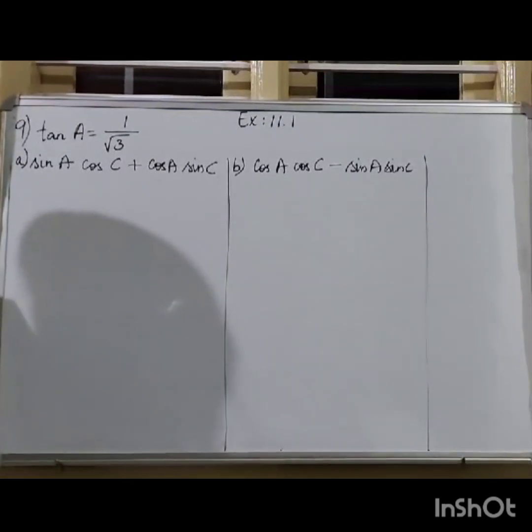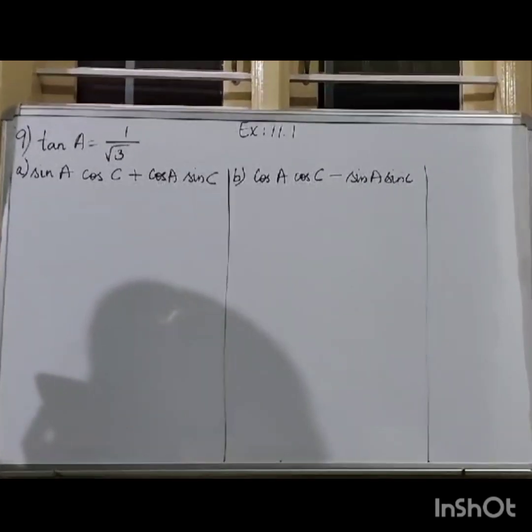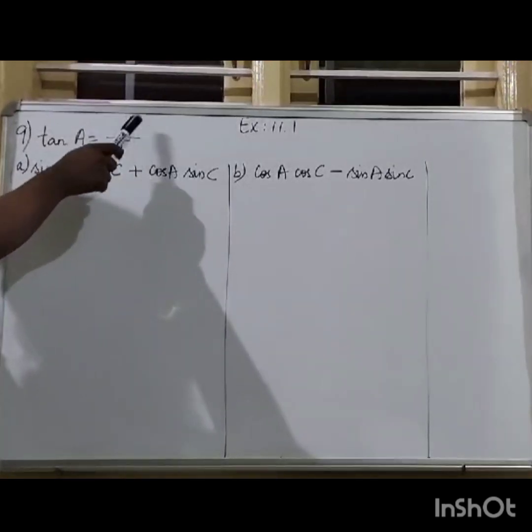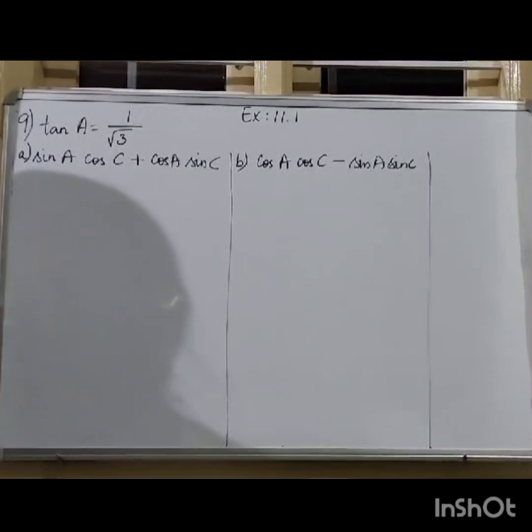9th question says that in a triangle ABC, right angle at B, if tan A is equal to 1 by root 3, then there are two sub questions under 9th one.